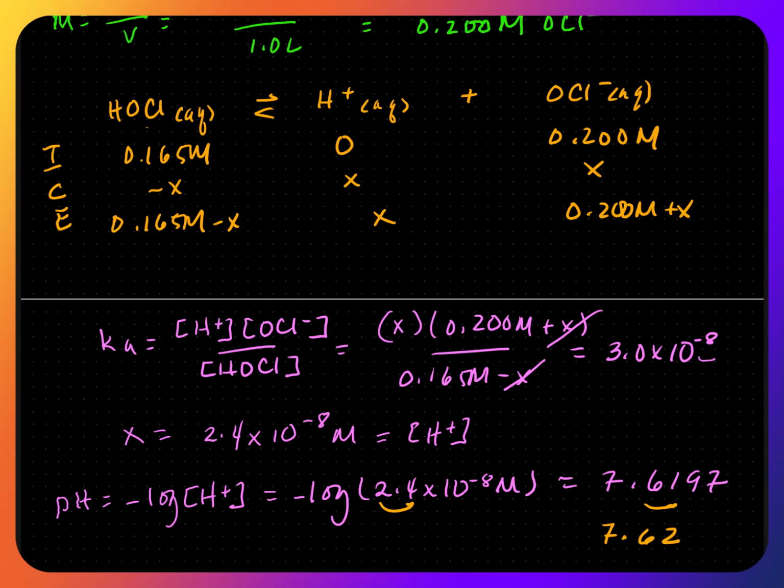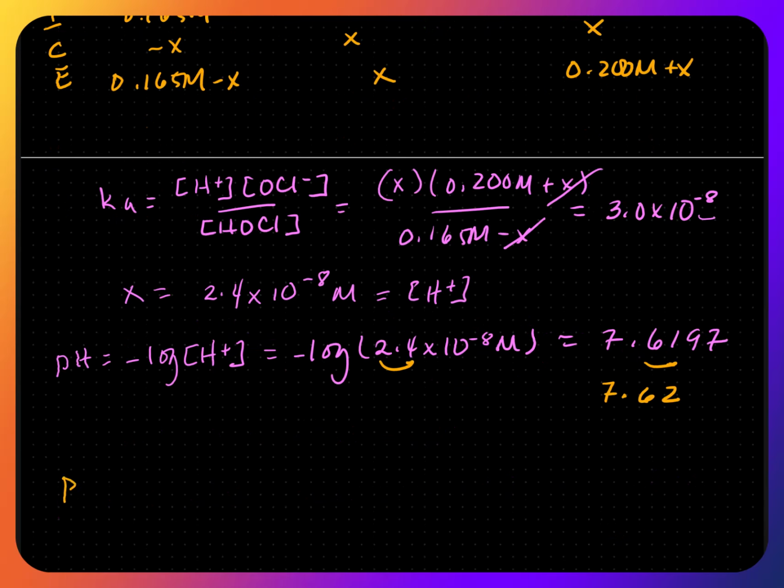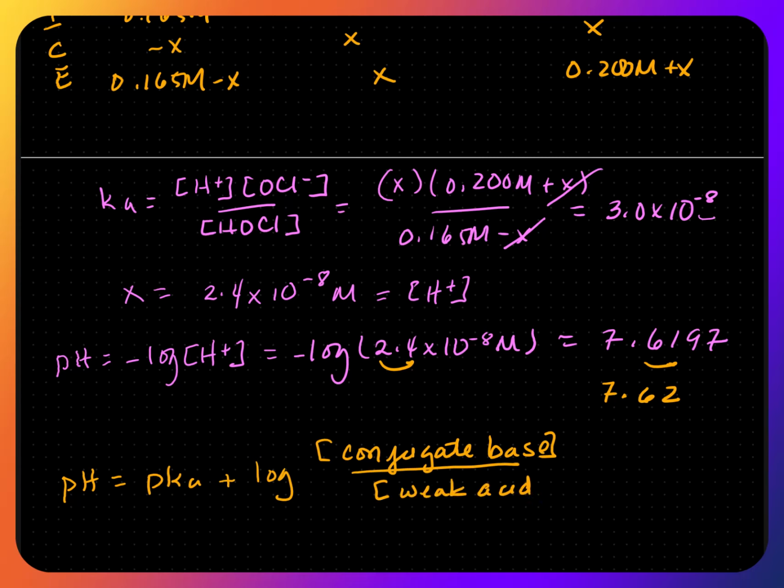This is method 1. You could also use the Henderson-Hasselbalch equation, which is a little bit faster. So Henderson-Hasselbalch says pH is equal to pKa, because this is an acid, plus log of the conjugate base over the weak acid. And the conjugate base is the A minus, the weak acid is the HA.